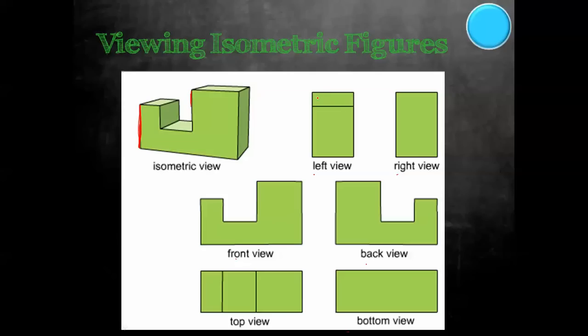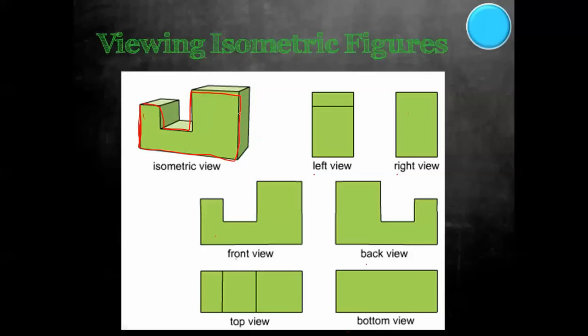So a left view would give me this short little rectangle and then a long rectangle. The right view, if I looked at this right view, is just one rectangle. The front view, looking left to right, would be just like this. The front view is the perspective that we have, so that's going to be the front view.